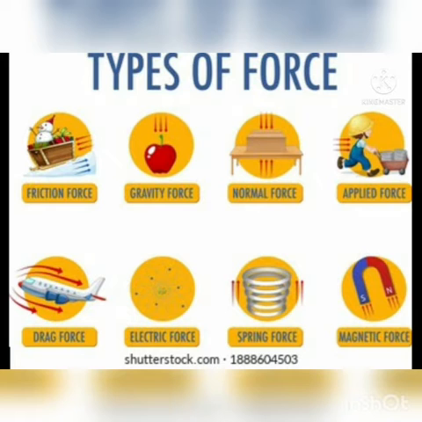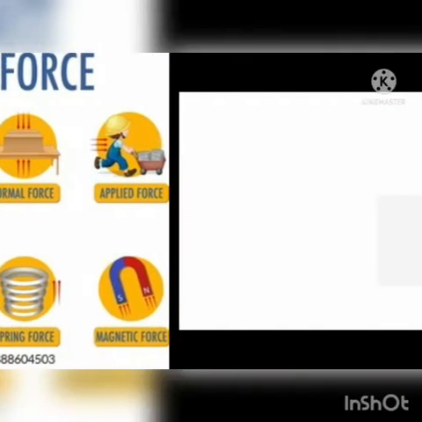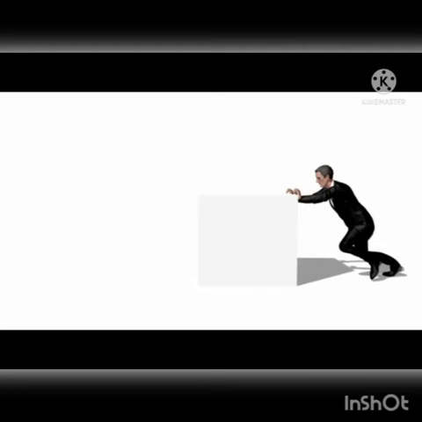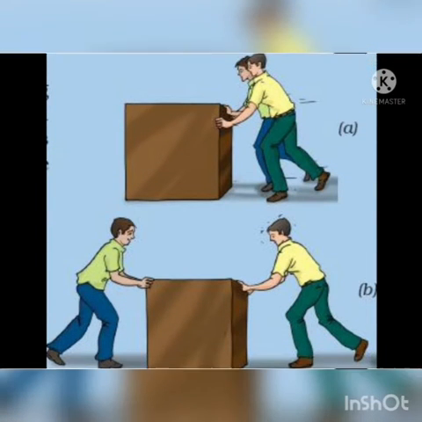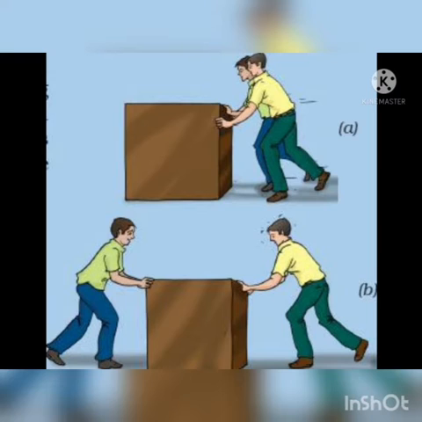Let's take a great example. Consider a heavy box and try pushing it by yourself. It will be very hard. Now ask a friend to push it in the same direction. It is easier to move. Do you know why?